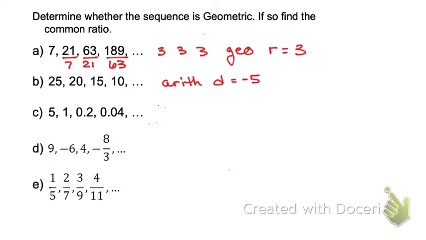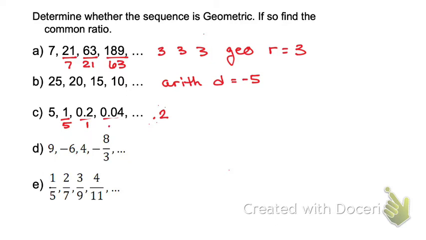So then I have 5, 1, 0.2, 0.04. So I divide again. 1 divided by 5 is 0.2, correct? And then 0.2 divided by 1. Sorry, I did the third one right, not this one.